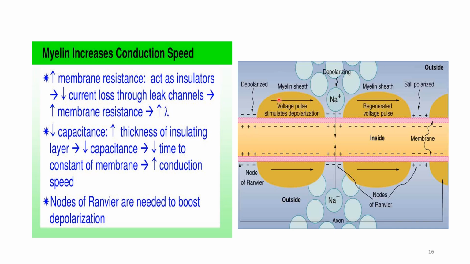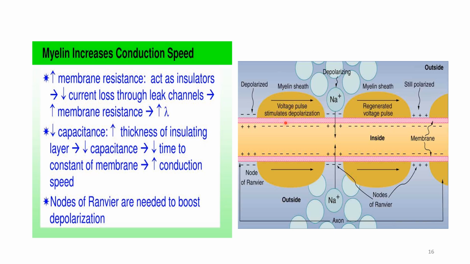So this membrane is acting as an insulator. It is not allowing any current or any ions to leak through the cell membrane. So it increases the membrane resistance, it increases the lambda value, and it decreases the capacitance. How? By increasing the insulating layer.